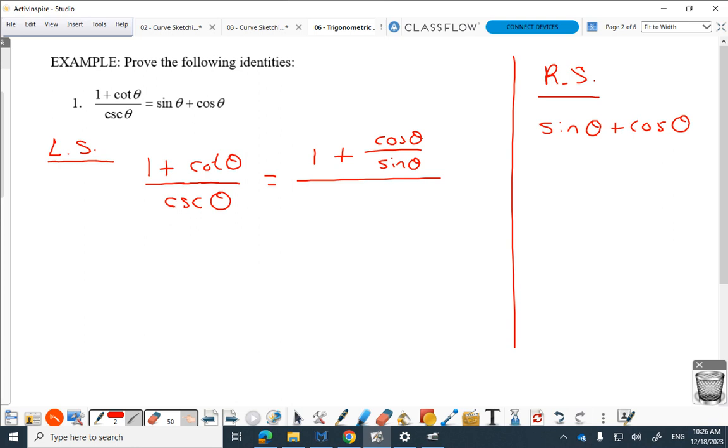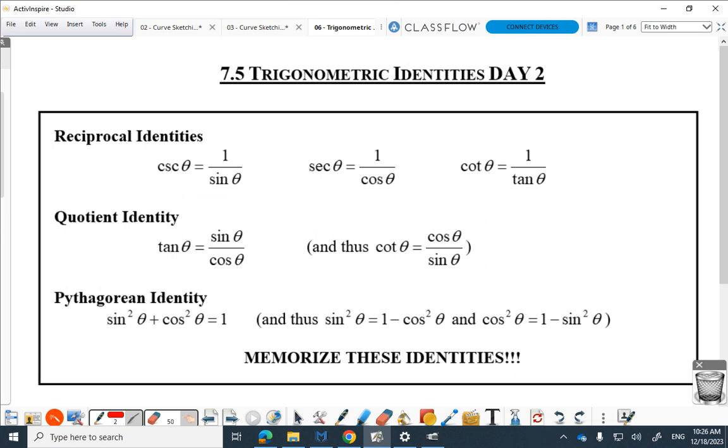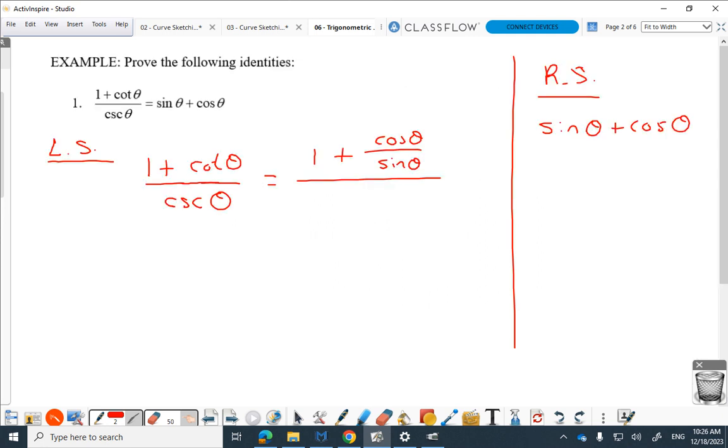How about cosecant? Did I give you enough time to look and see what cosecant is? Cosecant, 1 over sine. How do I get that on a calculator?